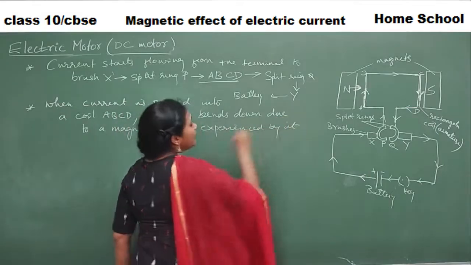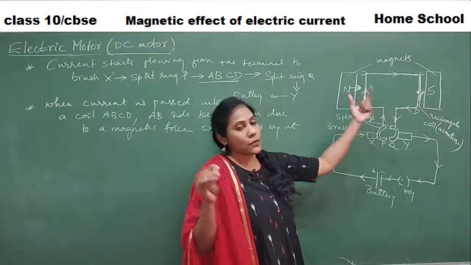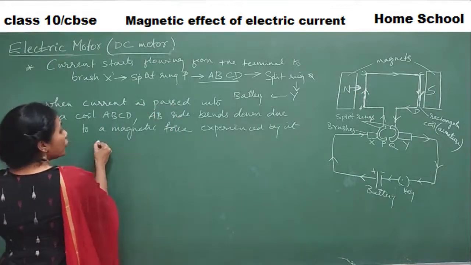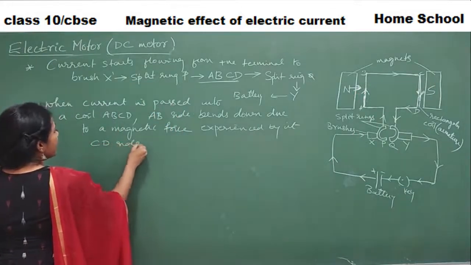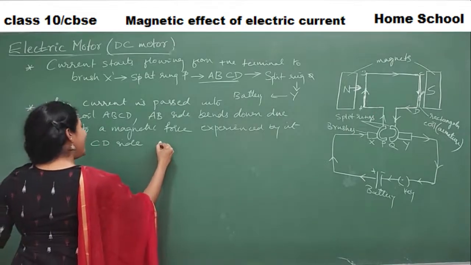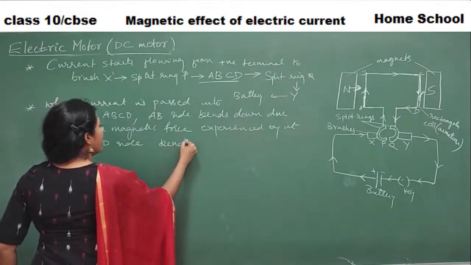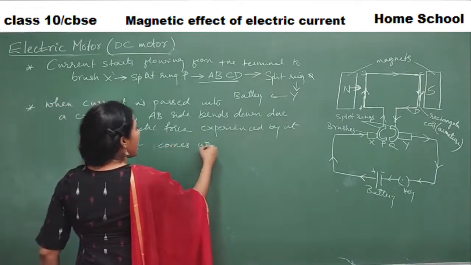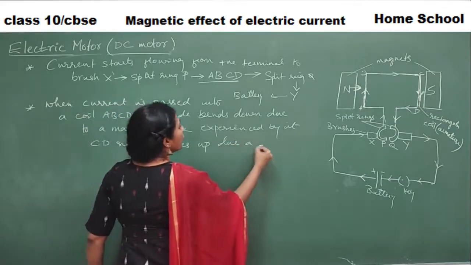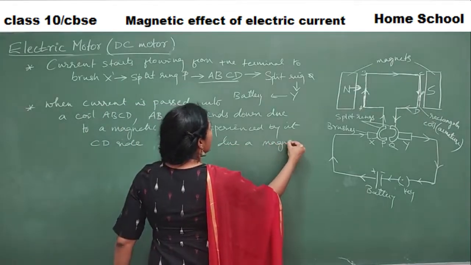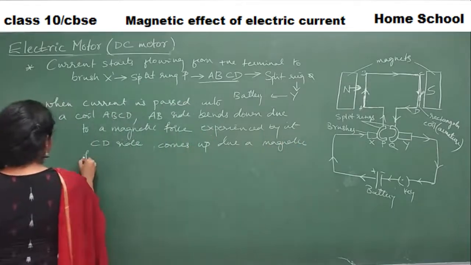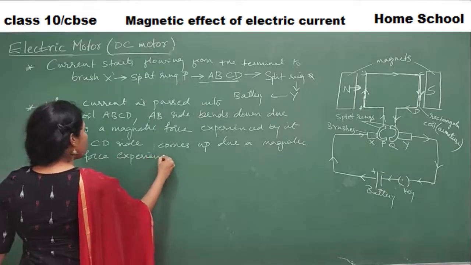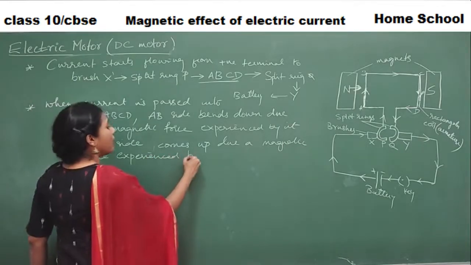How did you decide that it is bending down? It's with the help of Fleming's left hand rule. And the CD side bends up, due to a magnetic force experienced by it. Both the sides will experience magnetic force.